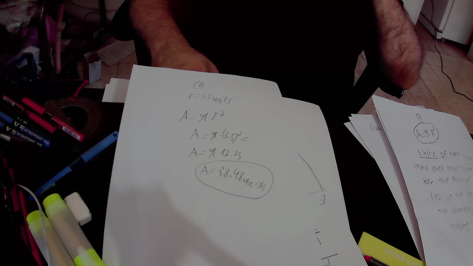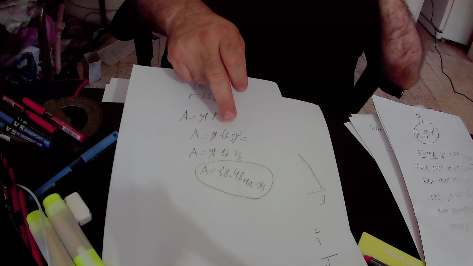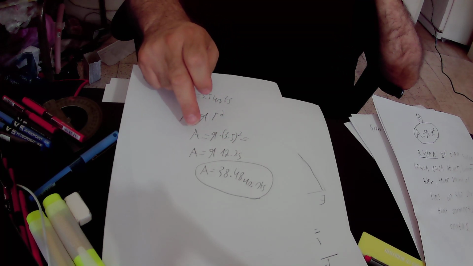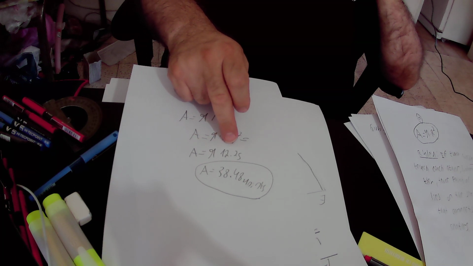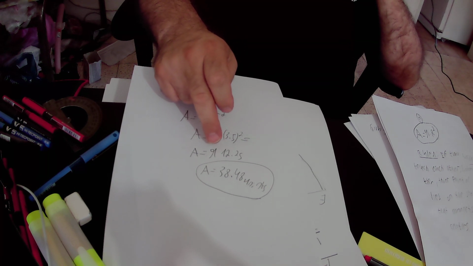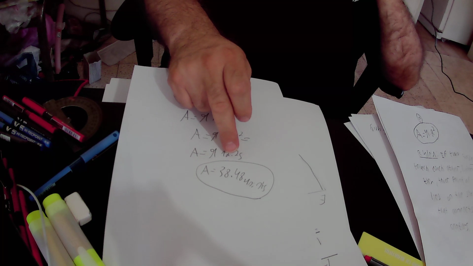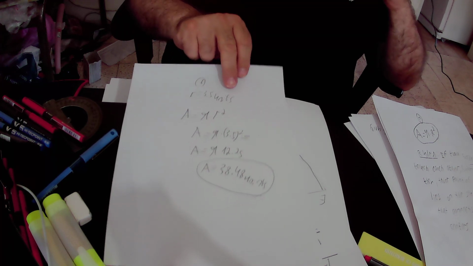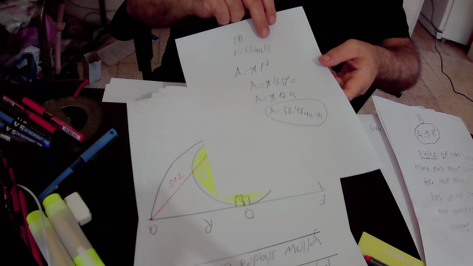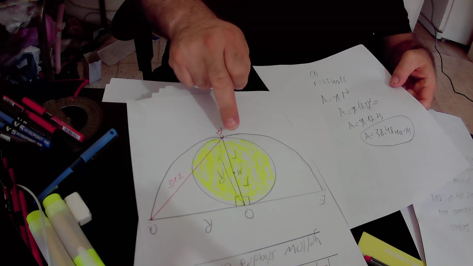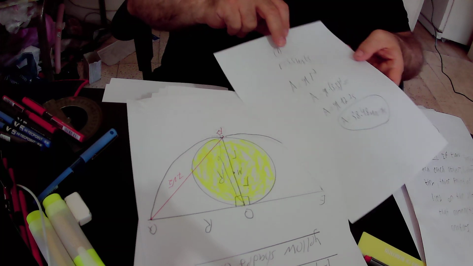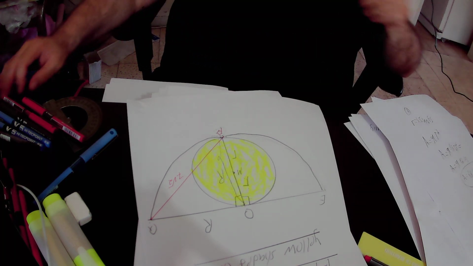And 3.5 squared is equal to 12.25, and pi times 12.25 is equal to 38.48 units. So the area of the yellow circle is equal to 38.48 units. Okay, thank you very much.